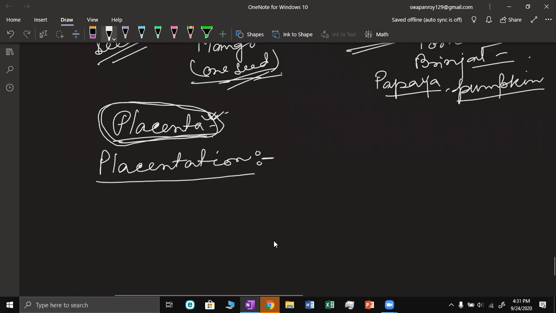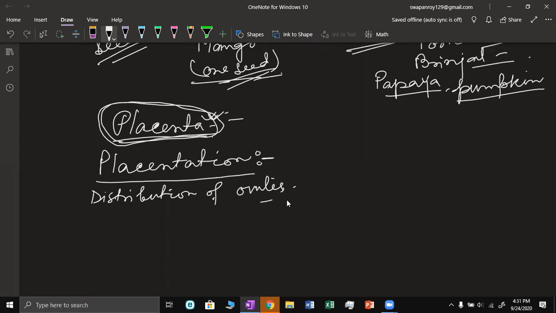So placentation is the pattern of arrangement of ovules within the ovary chamber. There are several types of placentation.